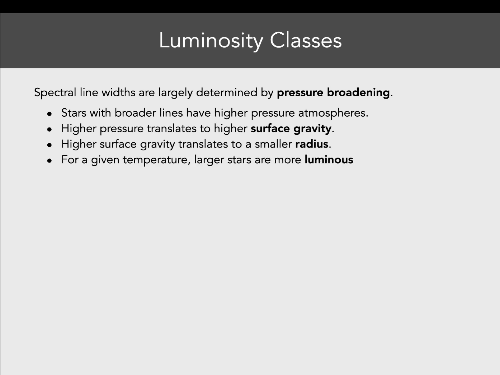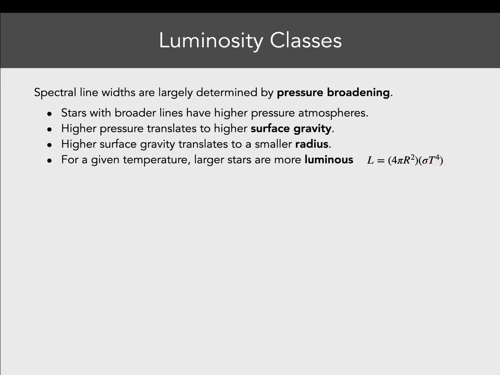And for a given temperature, larger stars are more luminous, and we saw that before. That was a result of the Stefan-Boltzmann law. So the luminosity of a star is equal to its surface area times the flux given off by the surface of the star, sigma T to the fourth.